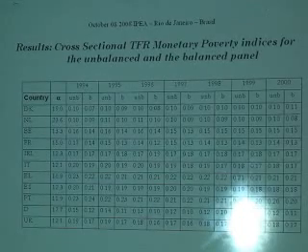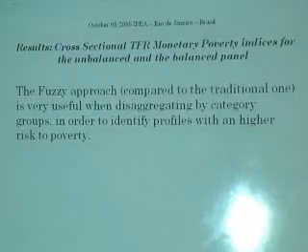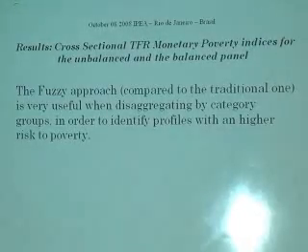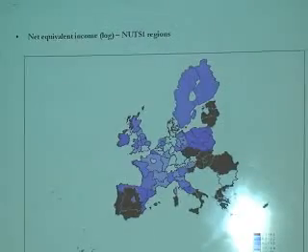So what is interesting is when we disaggregate the population in regions or in groups of individuals or families, by family size, by sex, age categories, by labor status, and so on. In that case, it is interesting to compare the results between the FTSE approach and the traditional approach.